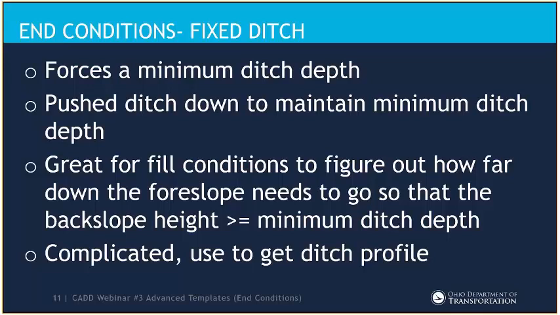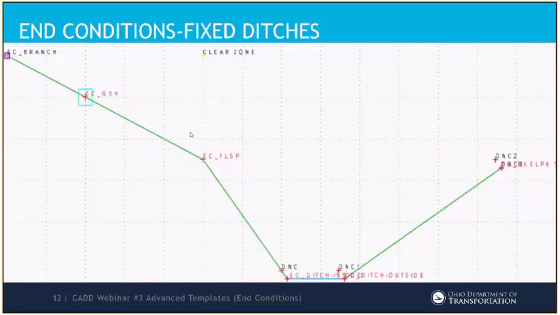I have a workflow, and it'll make more sense as we demo it. But I had a quick screenshot of an example of what one of these templates would look like that would handle a fixed ditch situation. You'll see there's a bunch more do not construct points now.